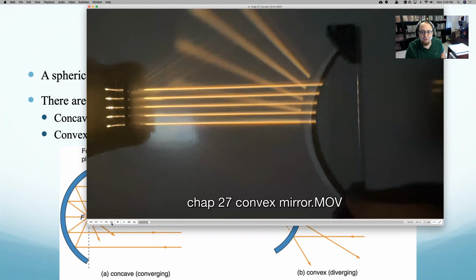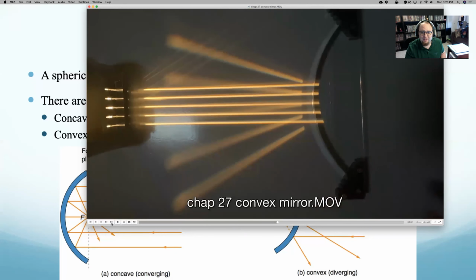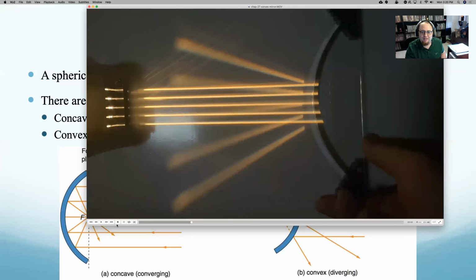For a diverging mirror, also known as a convex mirror, when light bounces off the outside, all of the light will be focused away from some point. It'll all spread out. It will diverge, hence the diverging mirror.